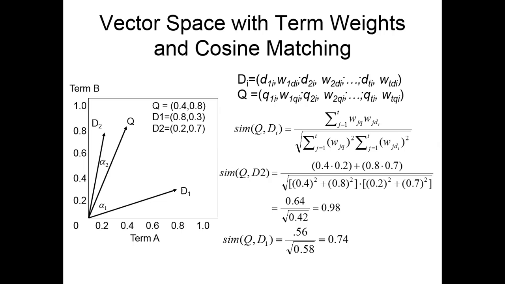How do we calculate the similarity score using cosine similarity matching? Given a document, if we know the terms in that document, and also given a query, if you know the terms in that query, then we are weighting the terms in a given document, then the terms in a given query.